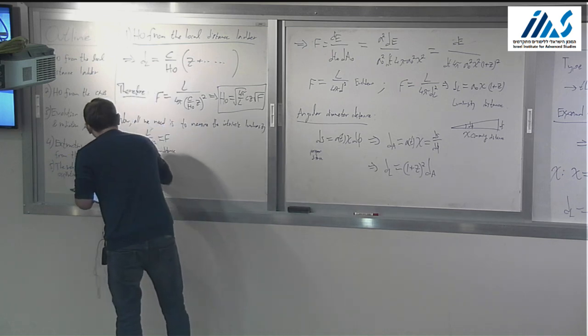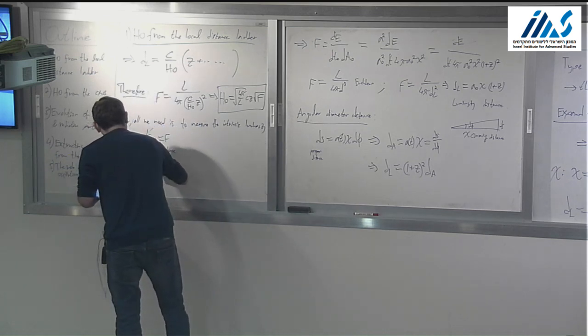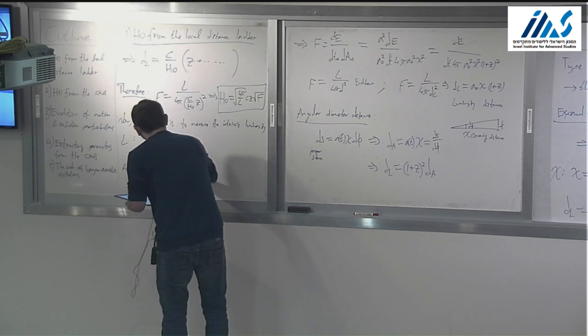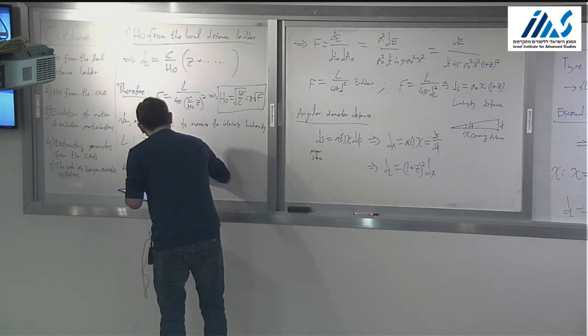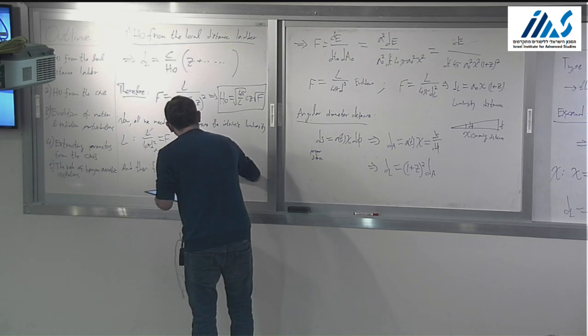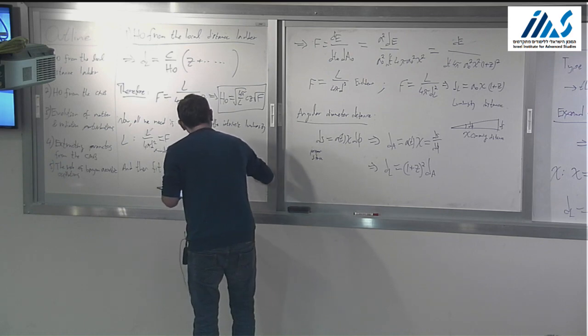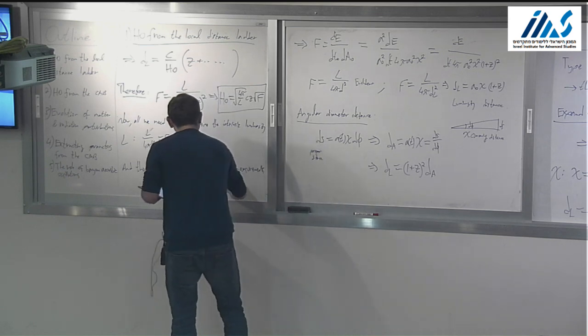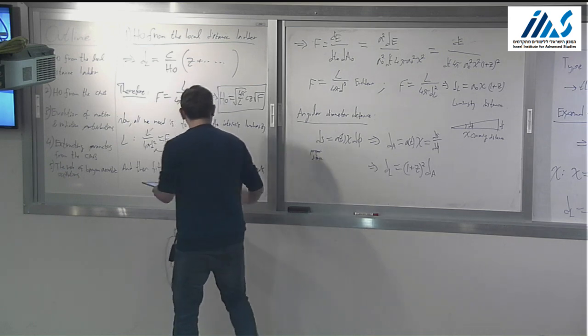And then fit for H naught using redshift and flux measurements, cz versus square root of f.